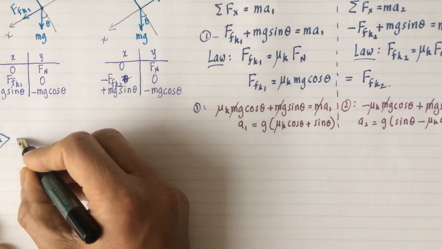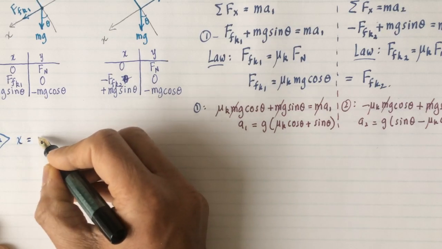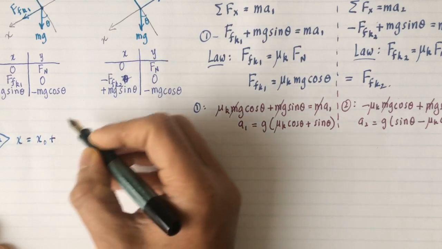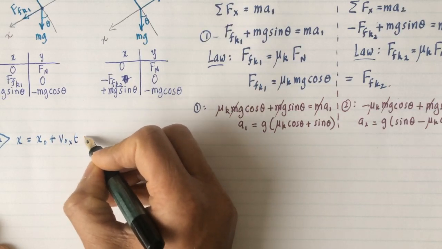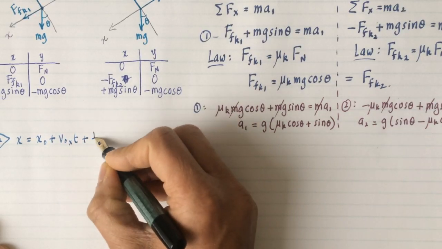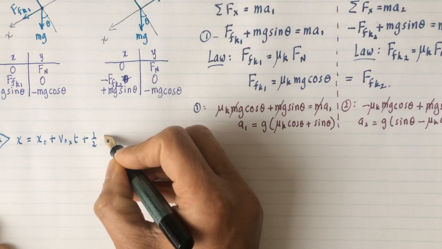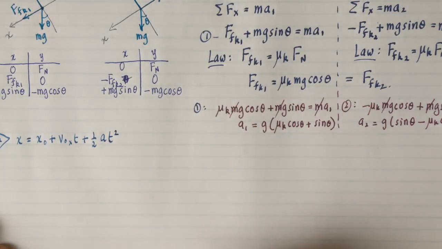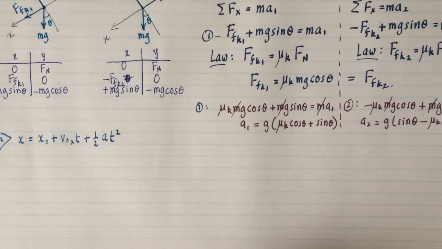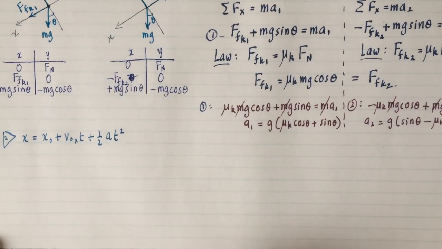It is x equals x naught plus v naught x t plus 1/2 a t squared. That's the kinematical equation in general. Now what we need to do is use it in this problem.